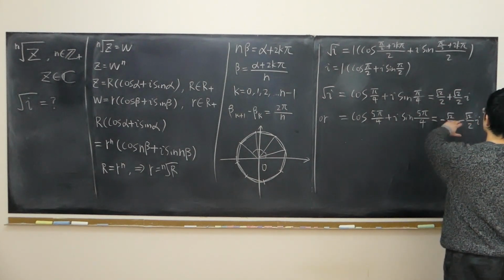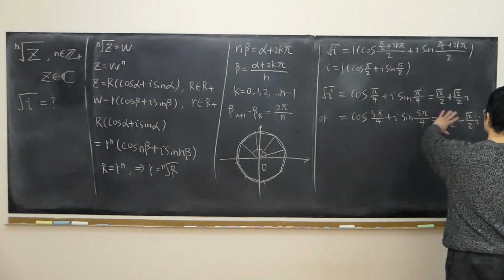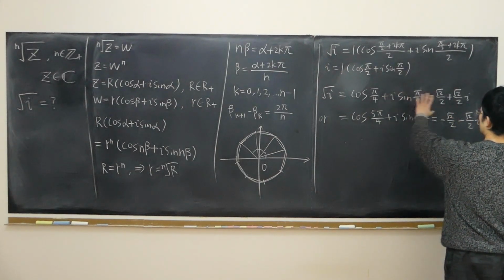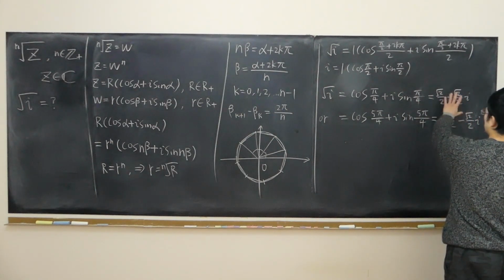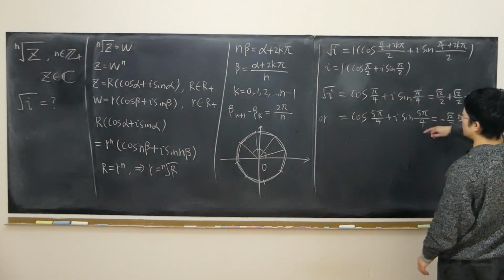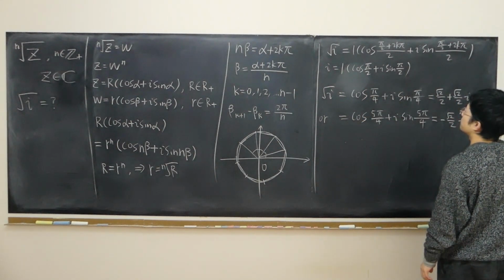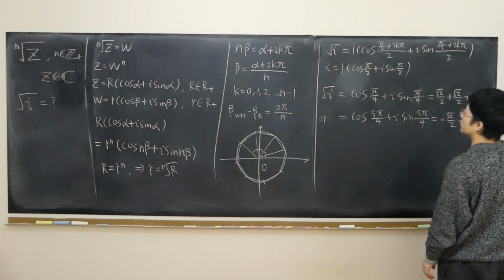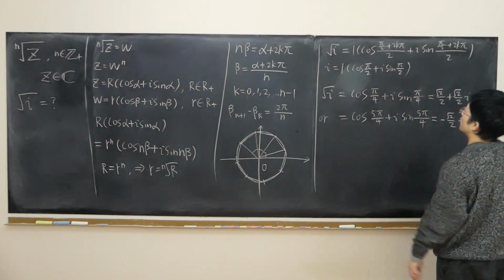I'm not going to double check. It's easily verifiable that if we raise it to the power of 2, they both result in just i. So really, these are the only two unique solutions for square root of i.